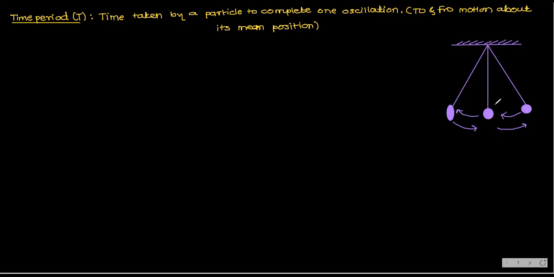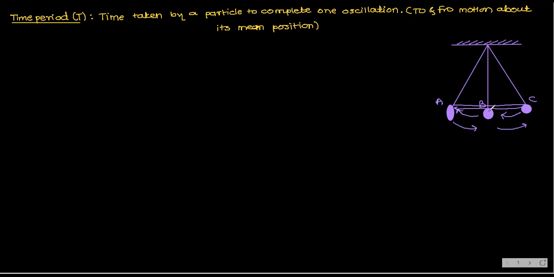Now, if I am pulling here this side, let us suppose this is position A, this is B, and this is C. So I'm pulling this side and leaving. When it is going till point C and coming back to point A, then I can say that is one oscillation.